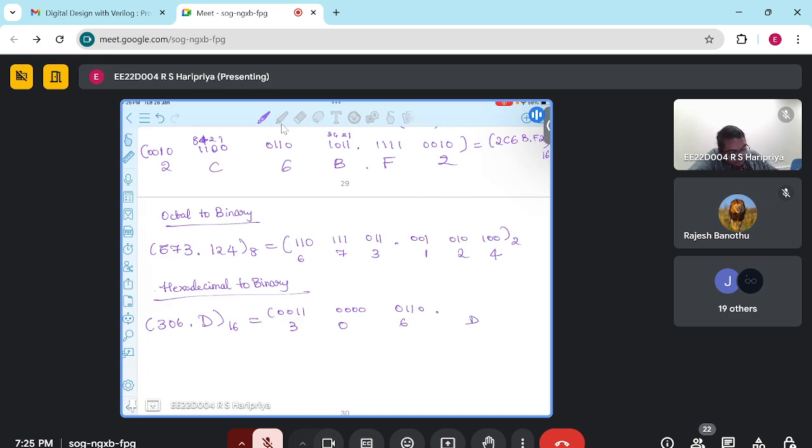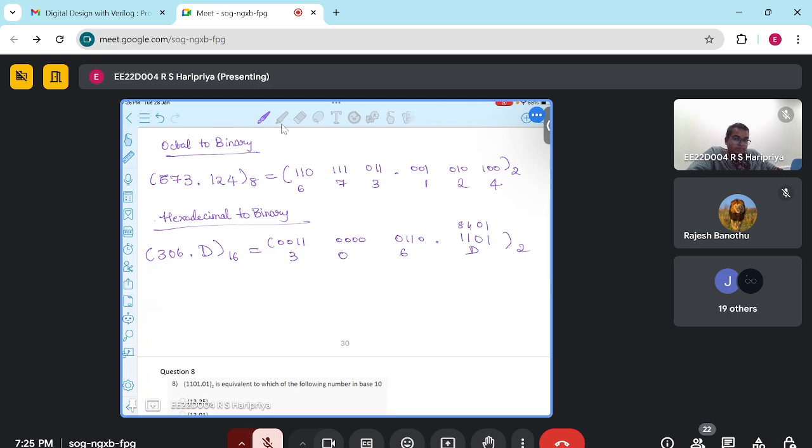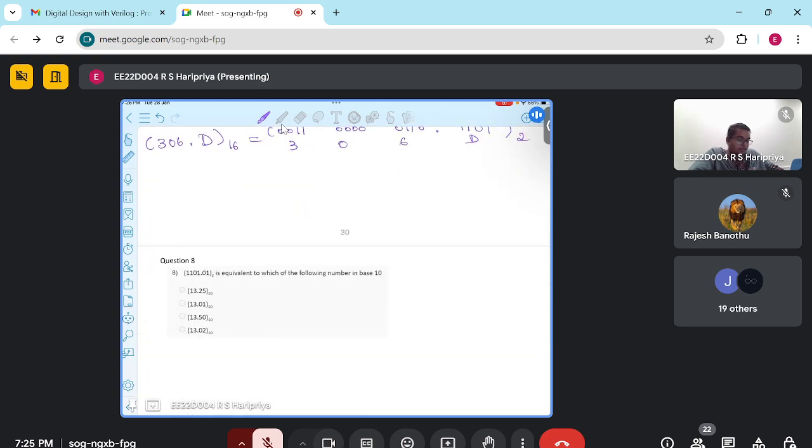Point, what is the equivalent of D? 8, 4, 2, 1. So A is 10, B is 11, C is 12, D is 13. So this is the equivalent in binary. So any doubts still here?